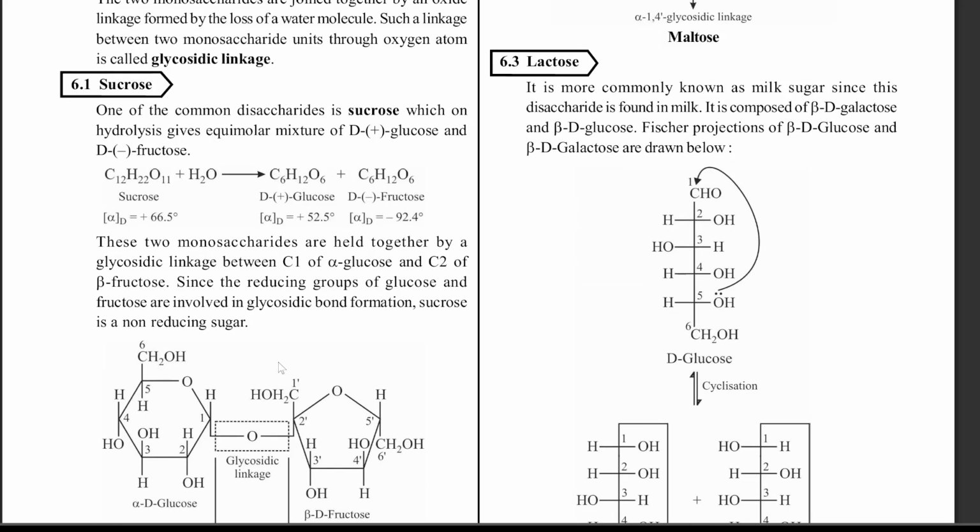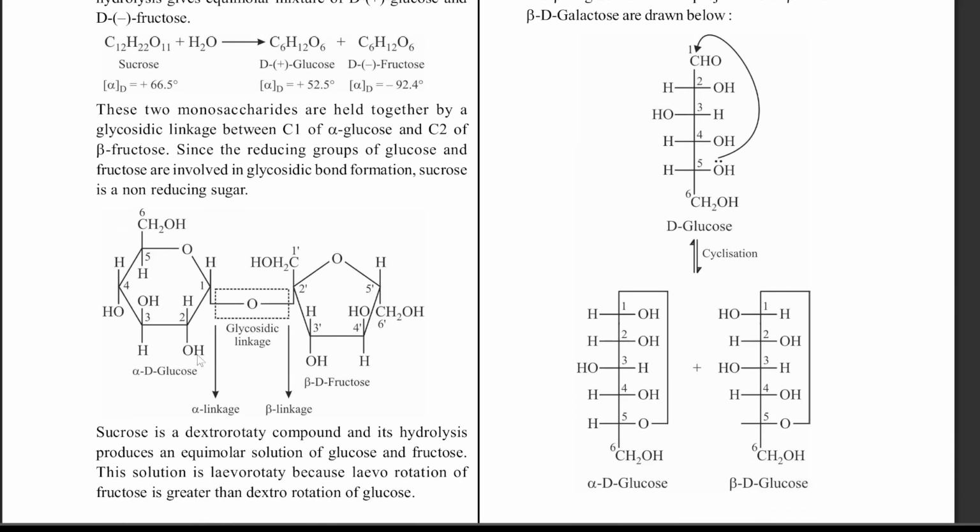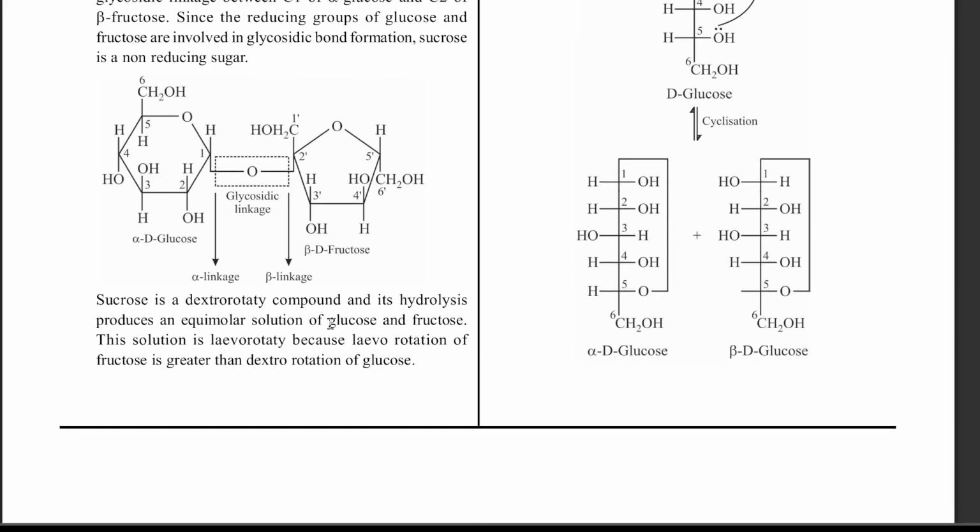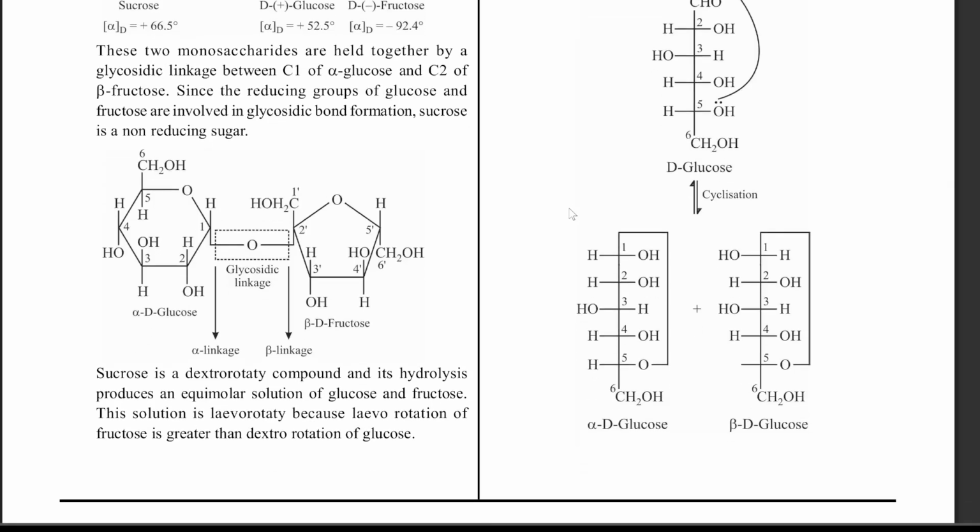These monosaccharides are held together by a glycosidic linkage between C1 of alpha glucose and C2 of beta fructose. The major thing which you need to remember is the type of linkage and the products based on hydrolysis. Structures are not important from your examination point of view.